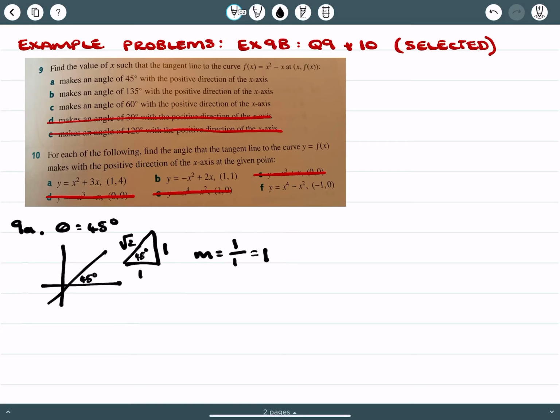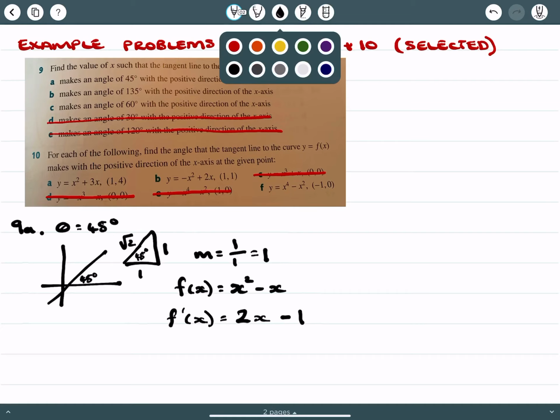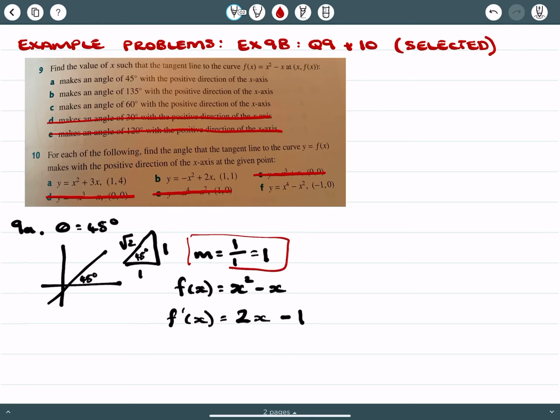Therefore I can say that my function here is f(x) equals x squared minus x, and my derivative function, which is going to be really important, is 2x minus 1. What I'm saying for this particular equation is that for this function at 45 degrees, m equals 1, which means f dash x has to equal 1.